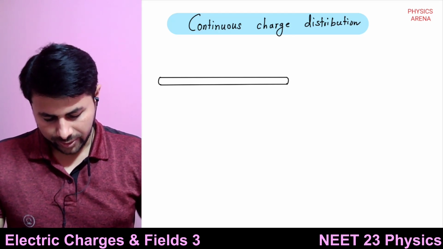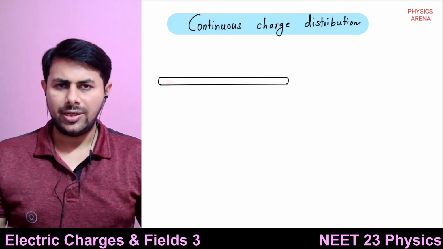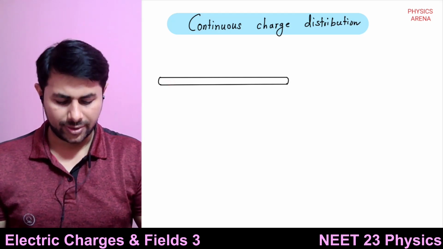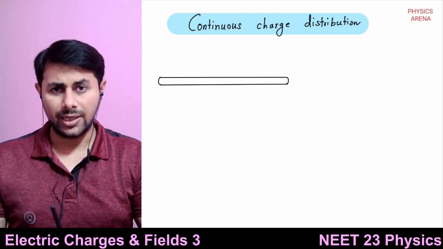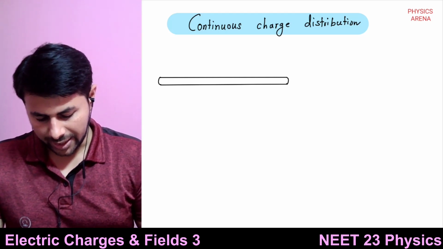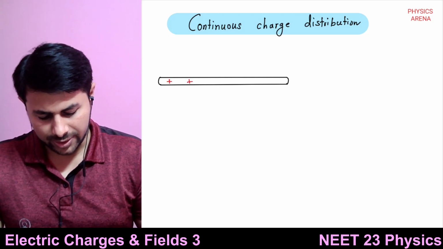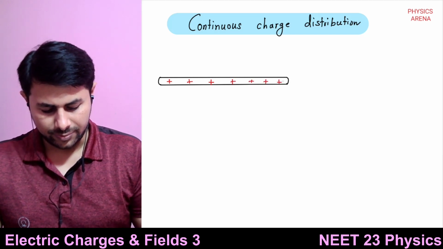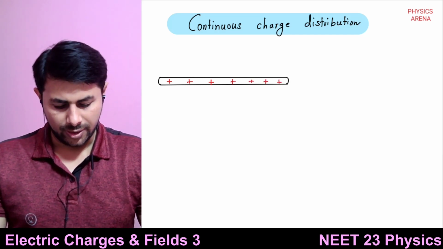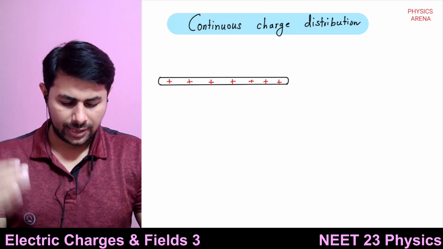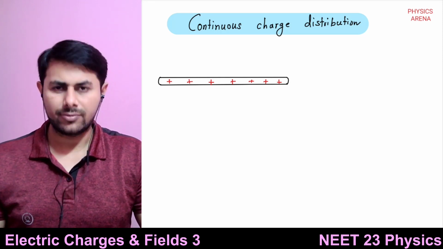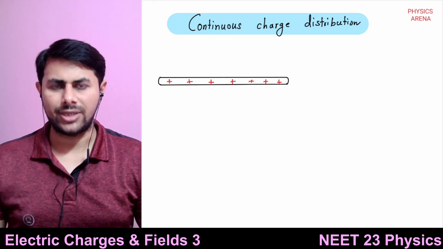When you rub this glass rod on a silk cloth, some charge will be developed on it. The glass rod loses electrons, and that's why it becomes positively charged.